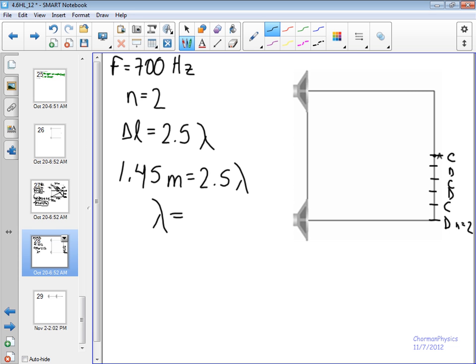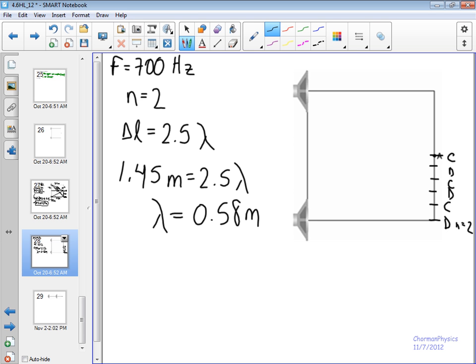When we solve for lambda here, just divide by 2.5, and you end up with 0.58 meters as the wavelength of the sound.